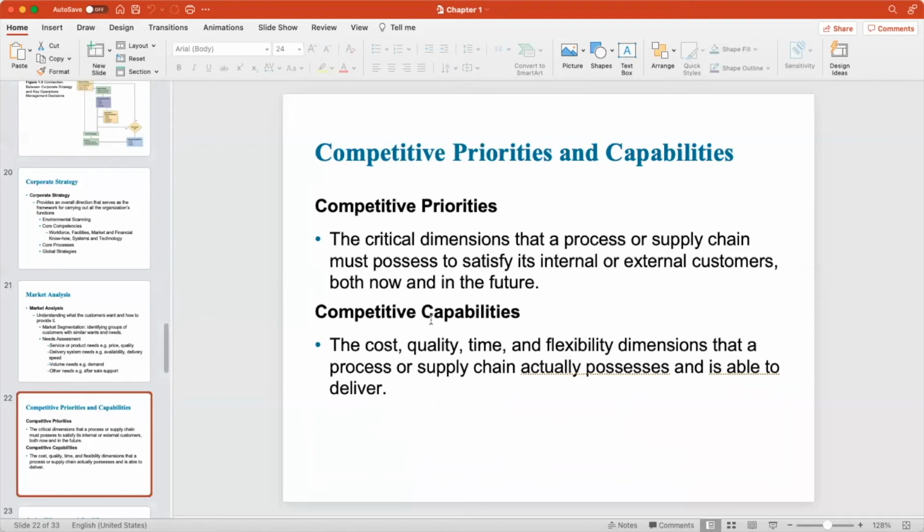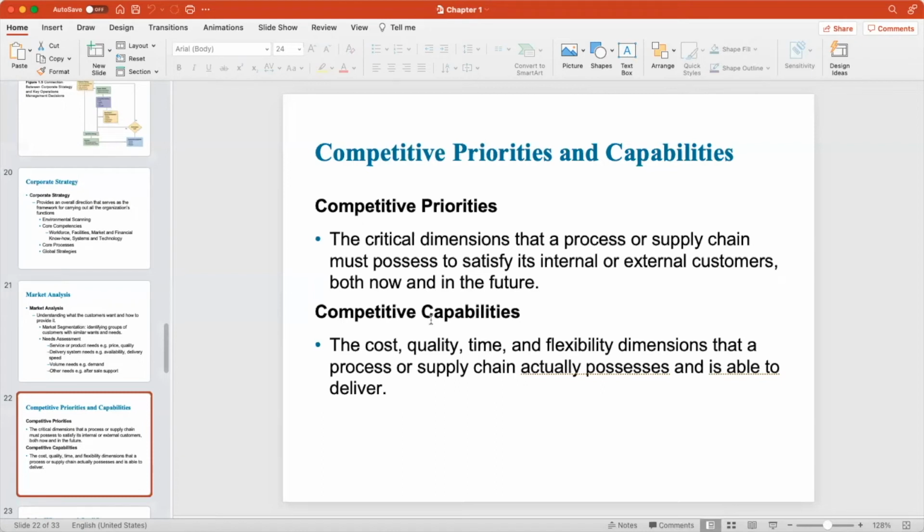Later on when we move to the later chapters, we will see all those different terms repeatedly, okay? But here, just keep in mind the core idea of the different concepts, okay? For example, what I just mentioned: corporate strategy, operational strategy, market analysis, okay? What they mean and what the relationship is among the different terms.